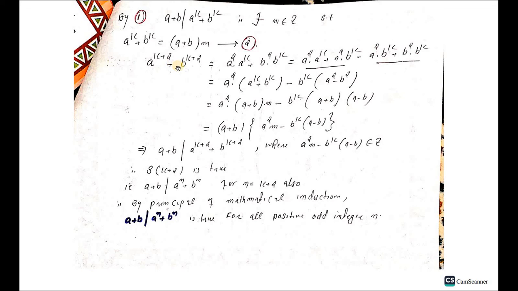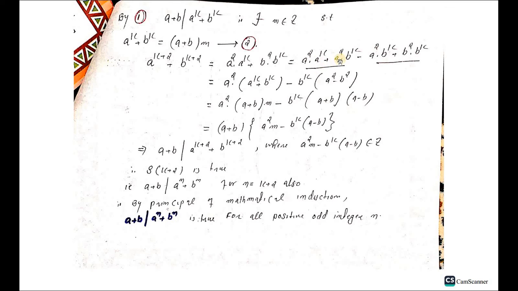Now simplifying, we can write a square a power k plus b square b power k. Now a power k plus b power k, so taking help from here, we will add and subtract two terms here. So we get a square a power k plus a square b power k. If this term has been added here, we must subtract this term also here, and this last one is this term.